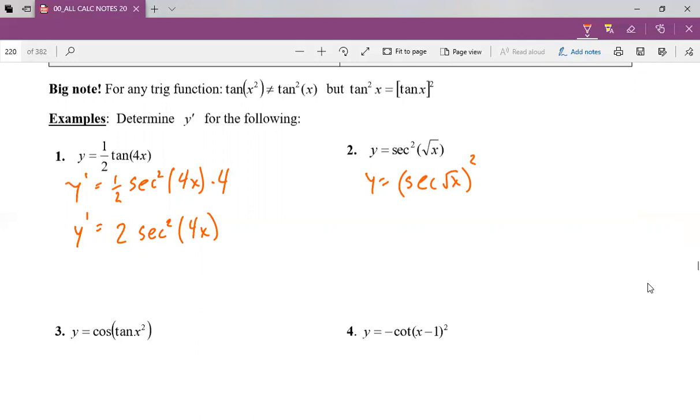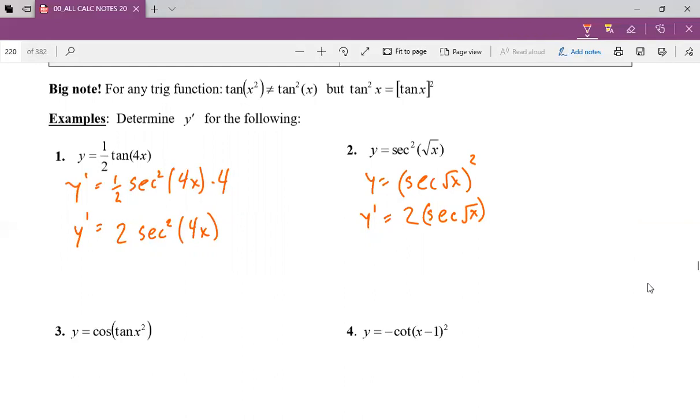And if that's the case, now we're going to take our derivative. That 2 comes down front. The outer function is squaring. The inner function is secant root x. So we have 2 secant root x. Now we're going to take the derivative of the inner function. That inner function is secant root x, and as we look in our table, the derivative of secant is secant times tangent.